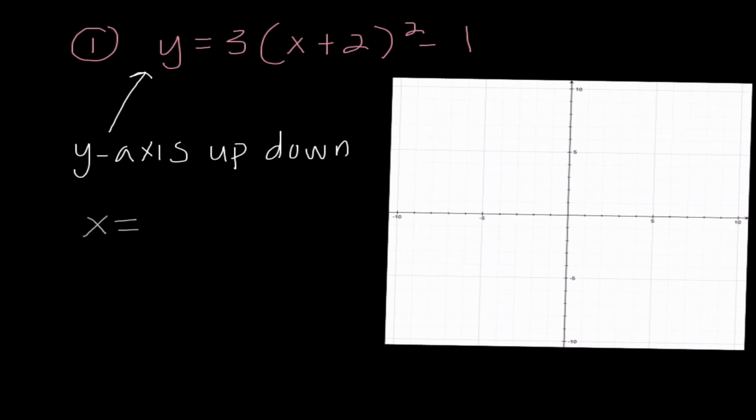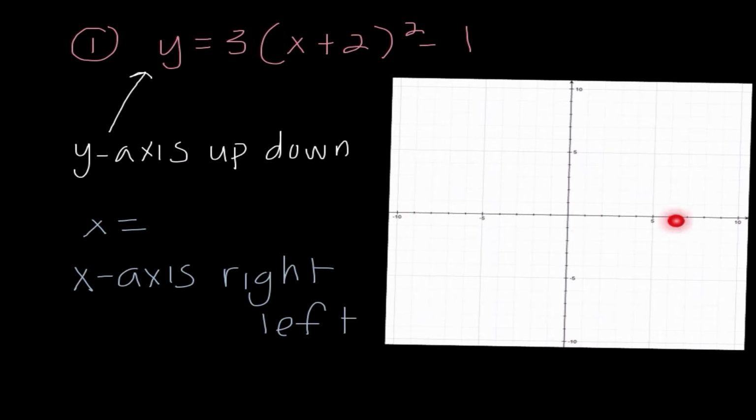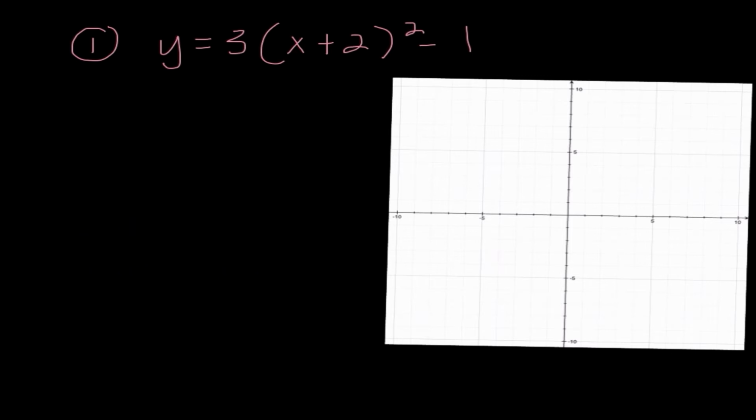If we have an x equals parabola, I remind myself that the x-axis goes right and left. That's how I remember which of my options I should actually use. This is just something that helps me differentiate which direction our parabola should be going.